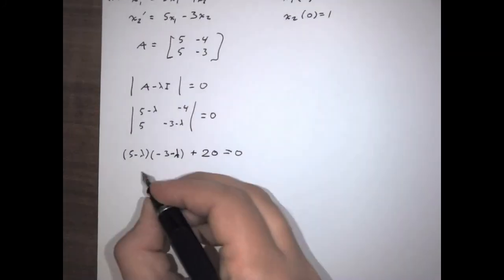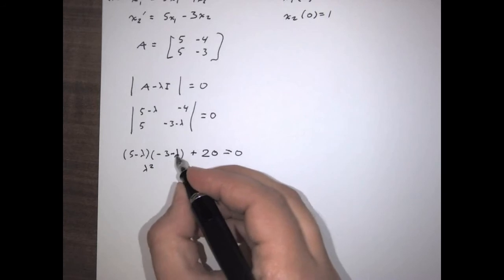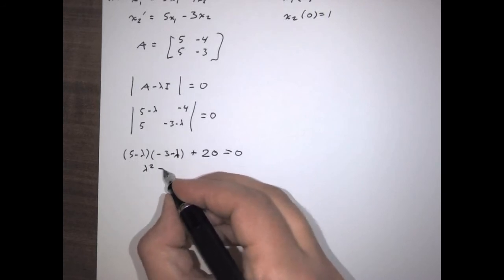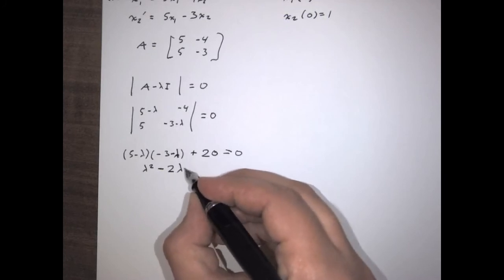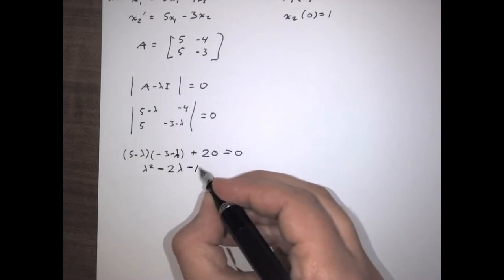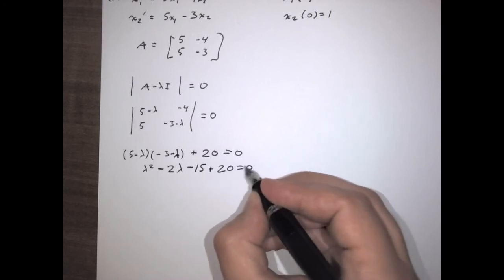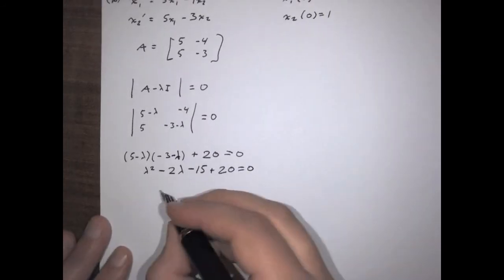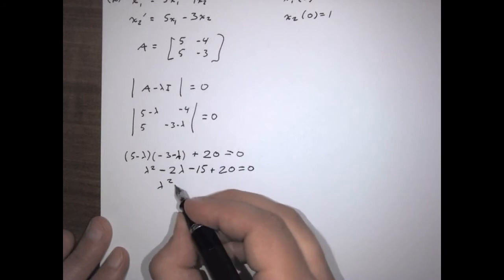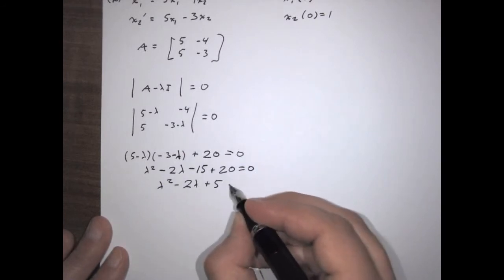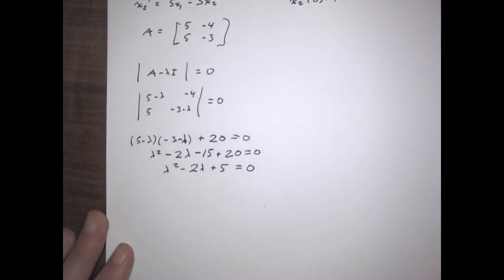And so we're going to have a lambda squared, it's going to be minus 5 plus 3, so it's going to be minus 2 lambda, and then minus 15, and then plus 20 equals 0. Which then gives us lambda squared minus 2 lambda, and then plus 5 equals 0.